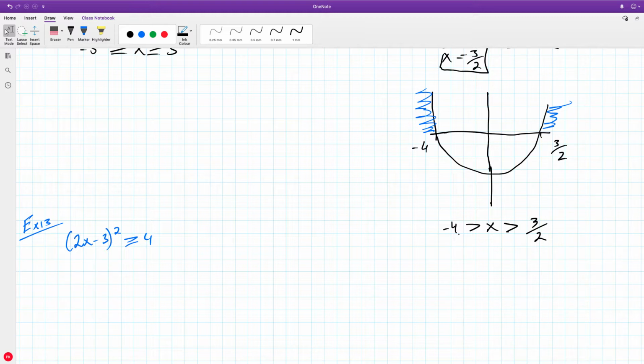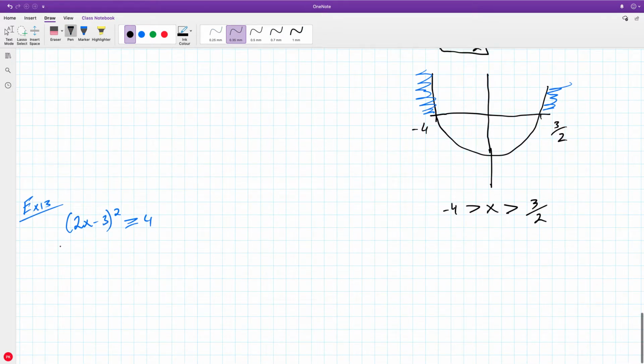Right, let's look at it. So, square out your bracket. 2x squared, the first, 4x squared. Twice the first by the second, minus 6x is minus 12x plus 9 greater than or equal to 4, yeah?